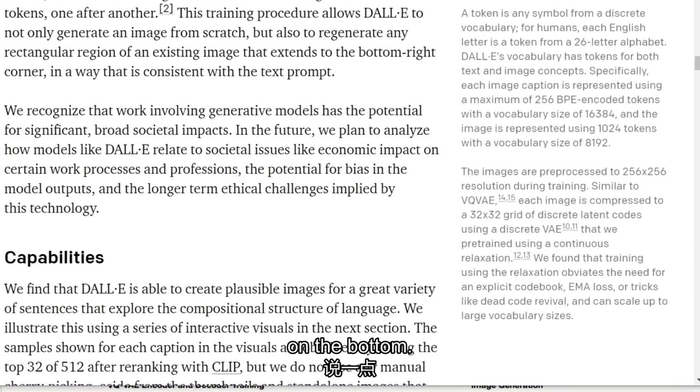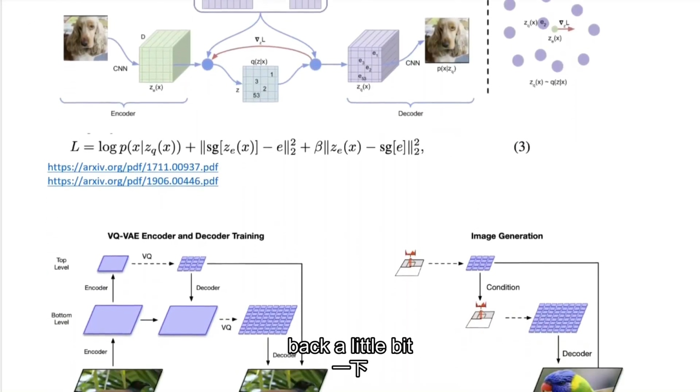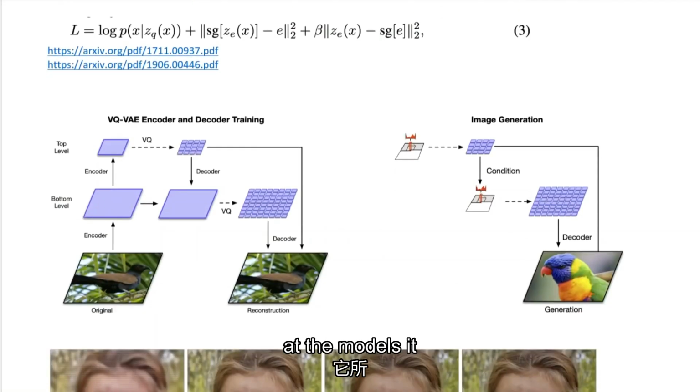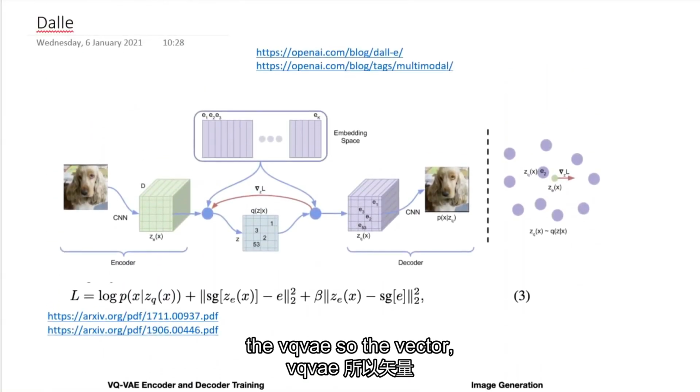And they say a little bit more down on the bottom. So I'm going to take a stab at explaining how this model works, with the full knowledge that I might be wrong once the paper comes out. For that, we have to go back a little bit and look at the models it draws from, namely the VQ-VAE, the vector quantized VAE literature.